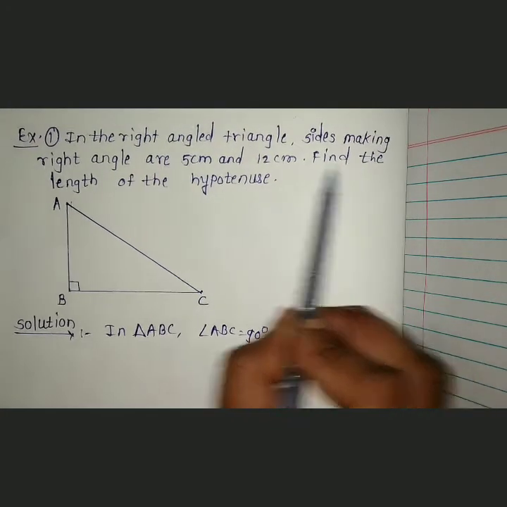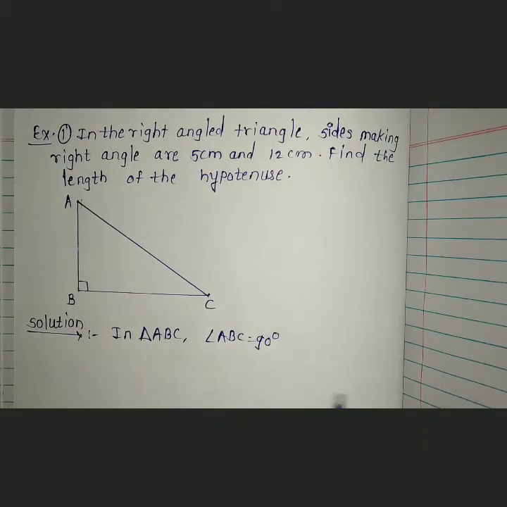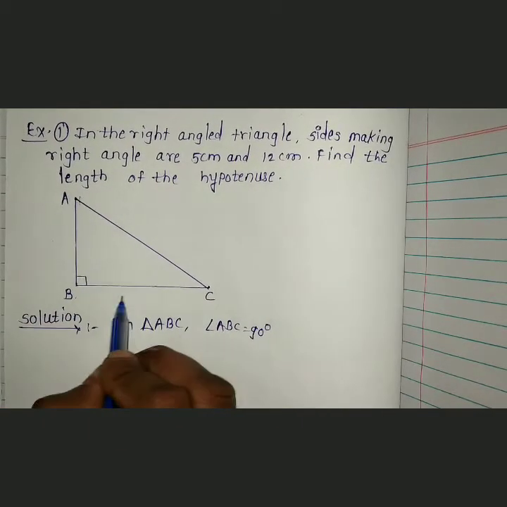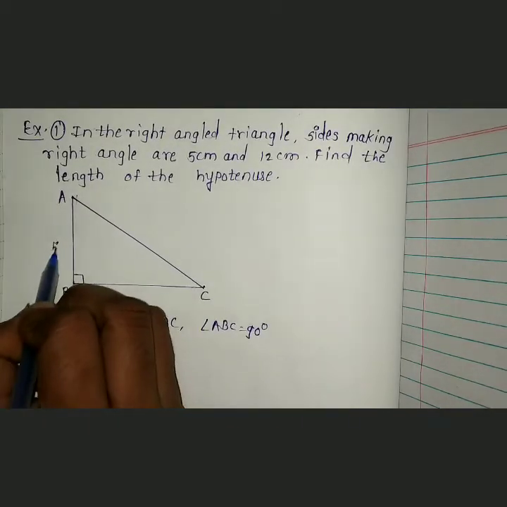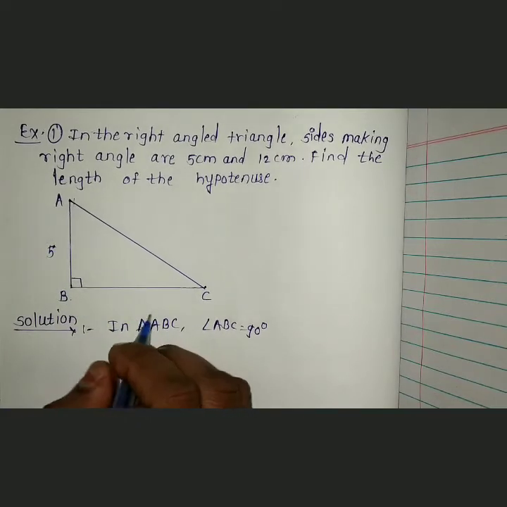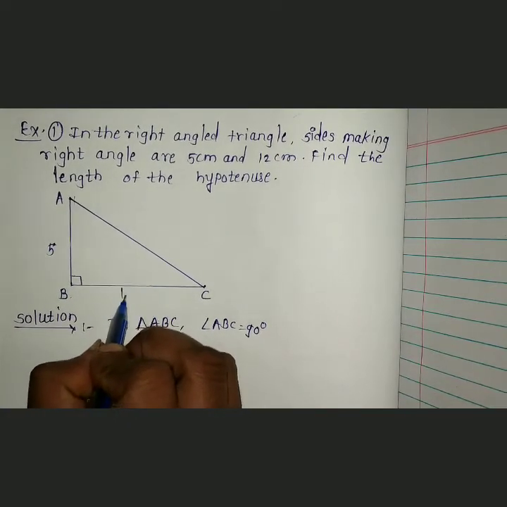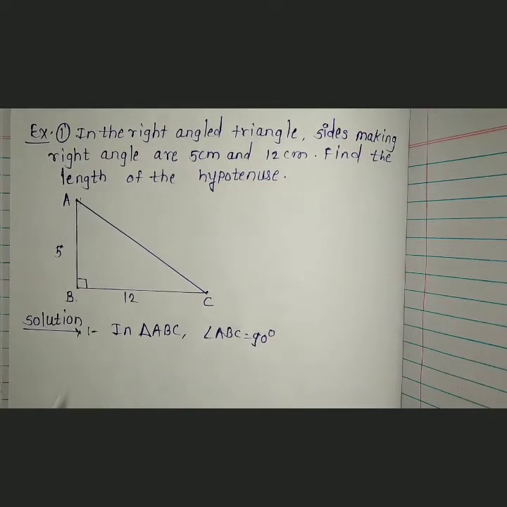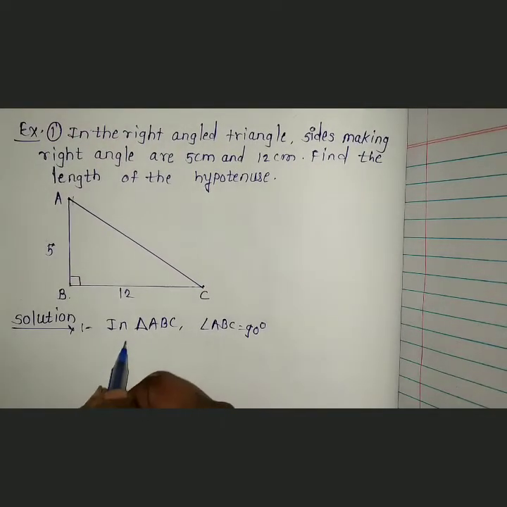What is given? The sides making a right angle are 5 cm and 12 cm. Means side AB and side BC form the right angle. Therefore, this length is 5 cm and this is 12 cm. Therefore, we find the hypotenuse by using Pythagoras theorem.